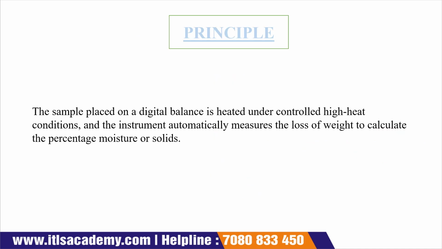Now come to the next one, principle. The principle behind this experiment is that the sample placed on a digital balance is heated under a controlled high heat condition, and the instrument automatically measures the loss of weight to calculate the percentage of solids. This rapid moisture analyzer is automatic. Here our digital balance is heated under a controlled heat condition.